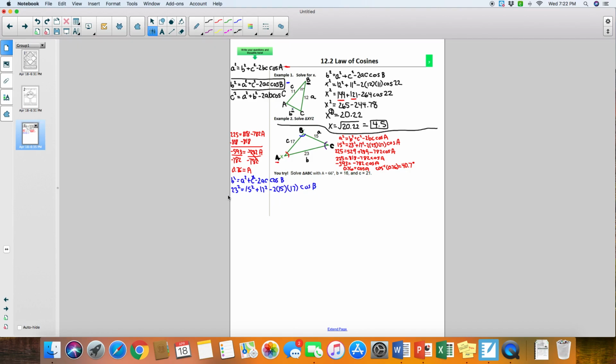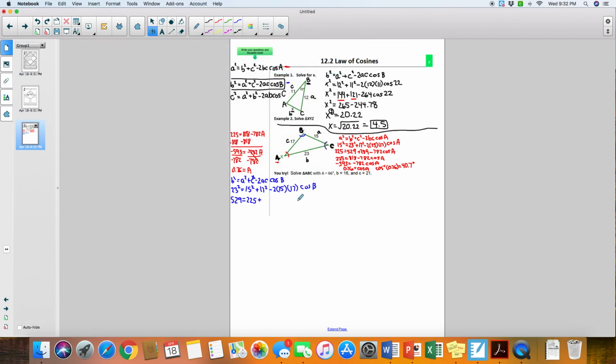Again, I'm going to simplify. I'm going to have 23 squared, which is 529. I'm going to have 15 squared, which is 225. 17 squared, which is 17 times 17, is going to be 289.